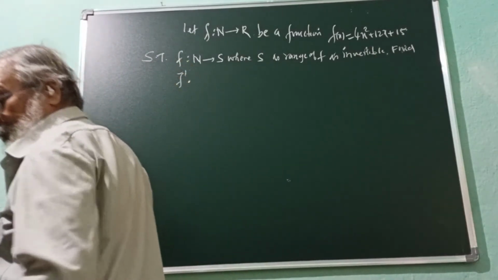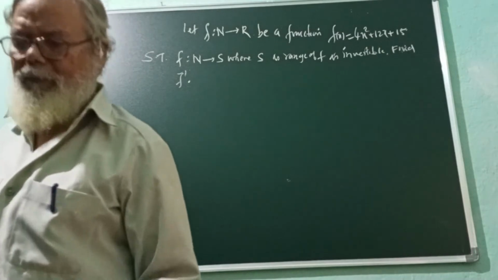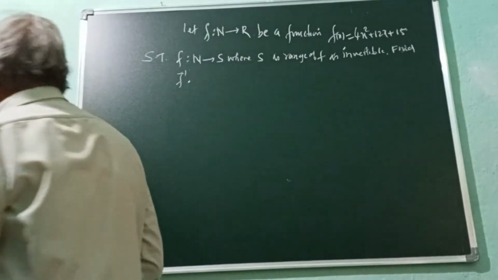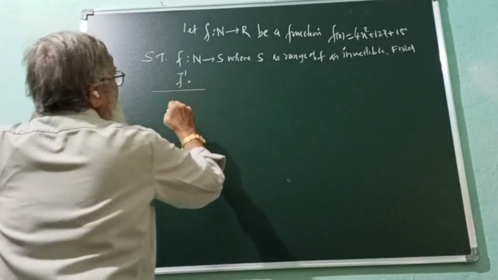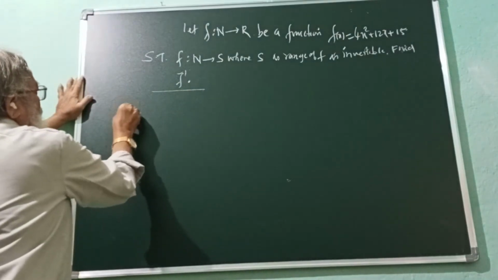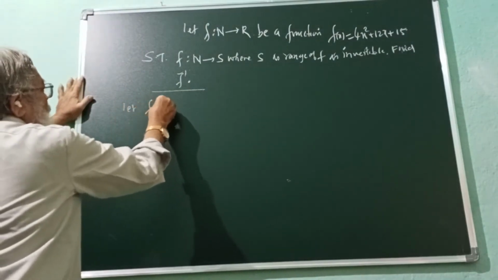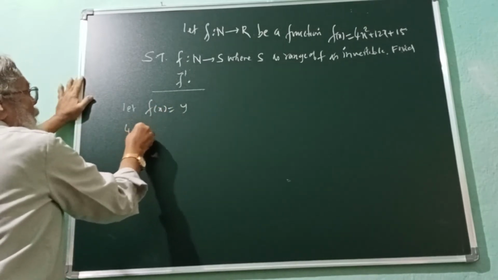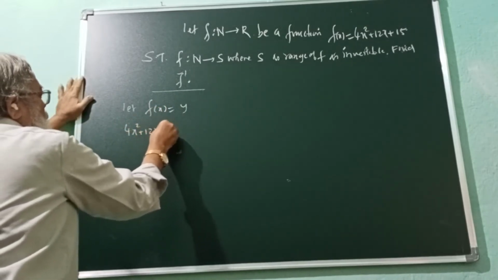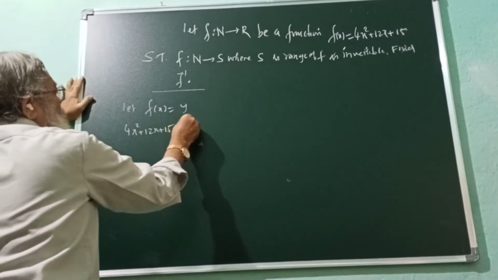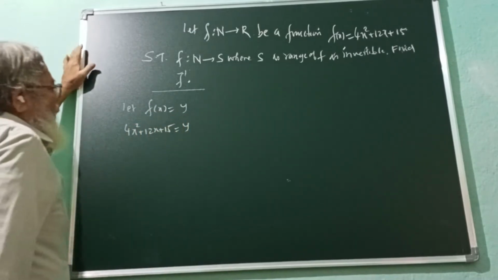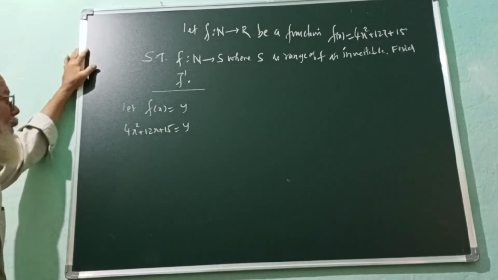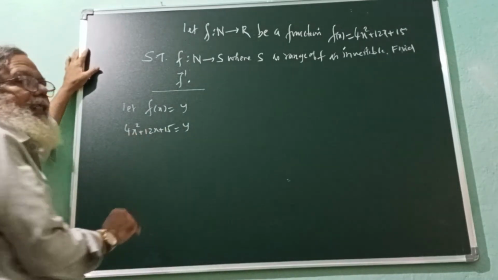Now please carefully try to understand this problem, because here a quadratic function is there. Let f of x is equal to y. f of x is given by 4x square plus 12x plus 15 is equal to y. Now, from this quadratic function, we have to get the value of x.